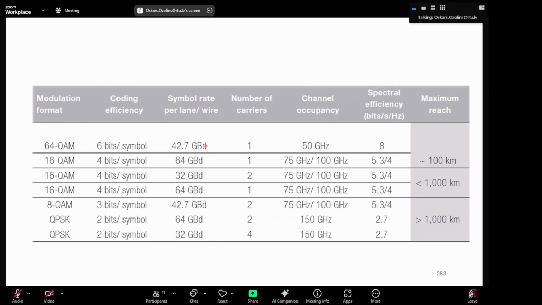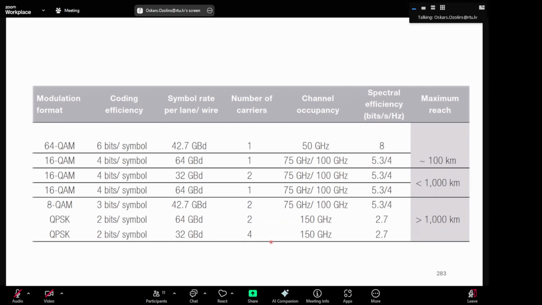And then this says, okay, for the symbol rate, how close these channels in a wavelength division multiplexing grid can be put. So for example, for this signal, the grid is 50 gigahertz. For the 64 gigabaud signals, you need 75 or 100 gigahertz. And then if you have more, it might need more. So these are just some standard rates and reaches.